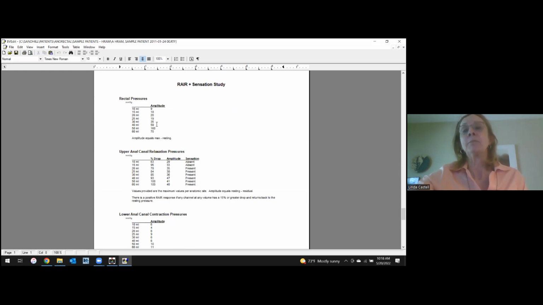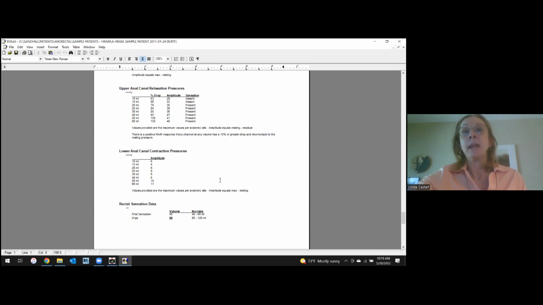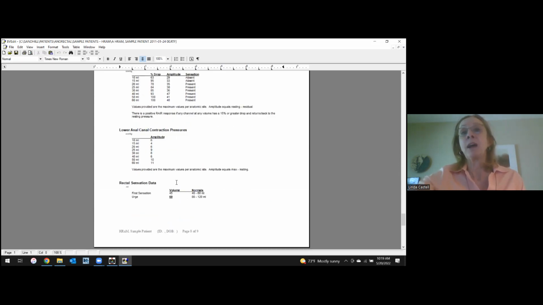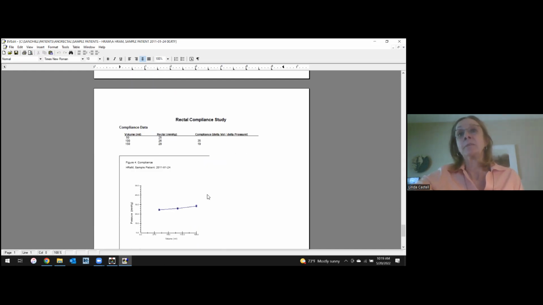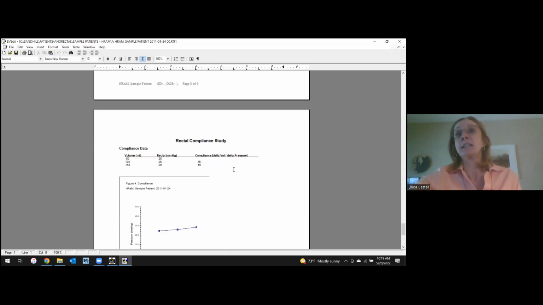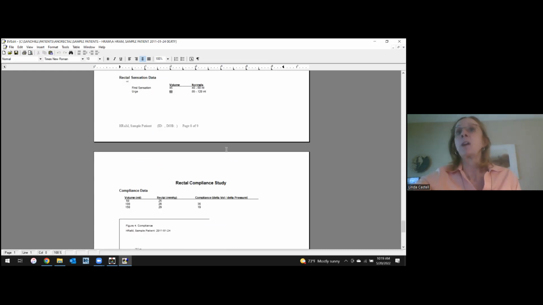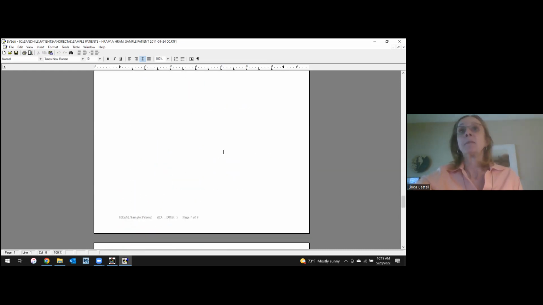So you're going to look at your percentage of RAIR, if 15% or greater, the RAIR is present. And sometimes on your patients with constipation or dyssynergia, you're going to look at sensation too, because this will help you determine whether or not they have a megarectum or something else where they're not having the signals that it's time to go to the bathroom. So you'll report on their sensation as well.